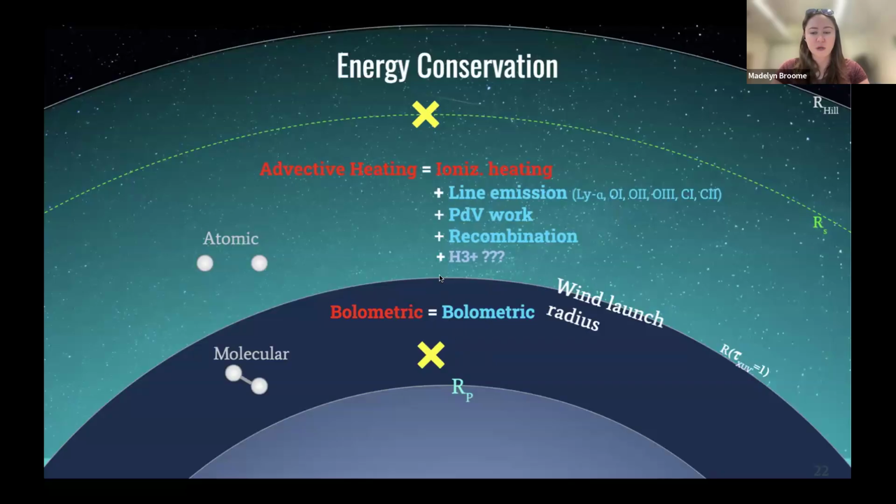Then WinD solves for where the wind launches. And then above it, it calculates the energy as a balance of advective heating, the heating due to ionization, line emission, line cooling, which is Lyman alpha, and when you have metals, O and C line cooling. PdV work, that's the work due to expansion, recombination, and eventually maybe things like H3 plus cooling.